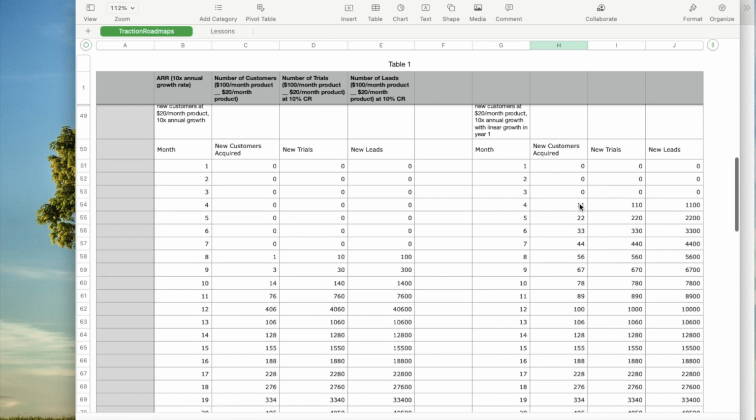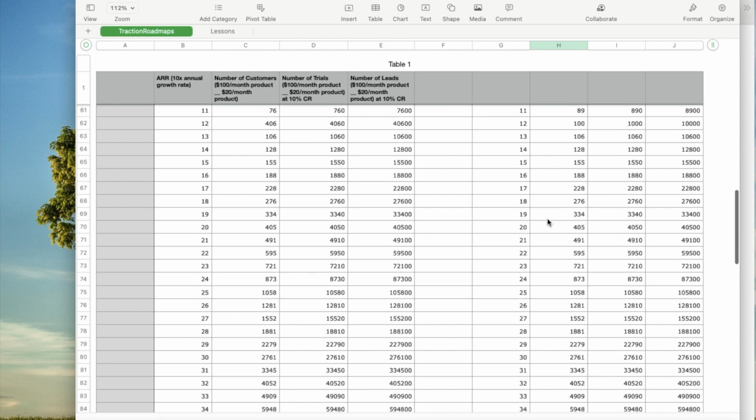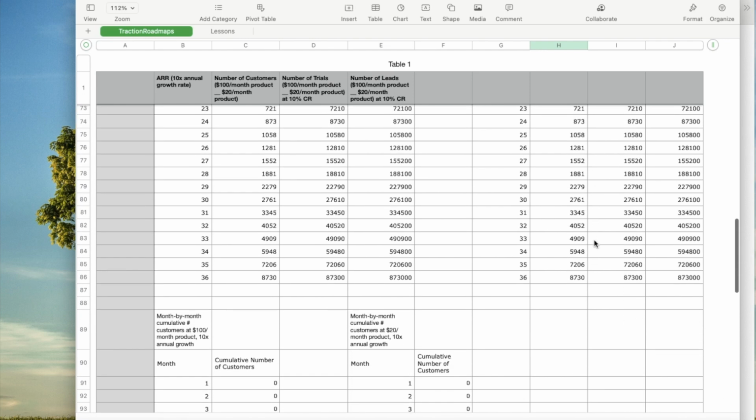So I would need to acquire 11 customers, which sounds like a lot. And that's 1,100 leads, which is like 30, 40 leads a day or something, which is kind of doable. But this is the traction roadmap.